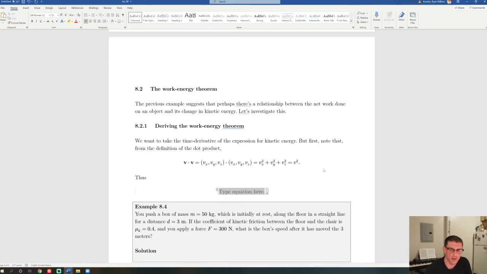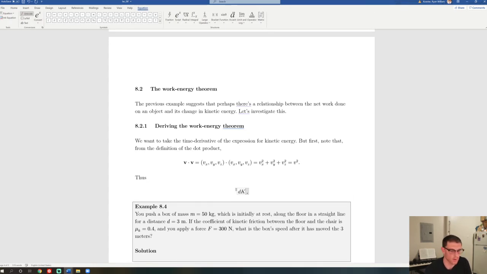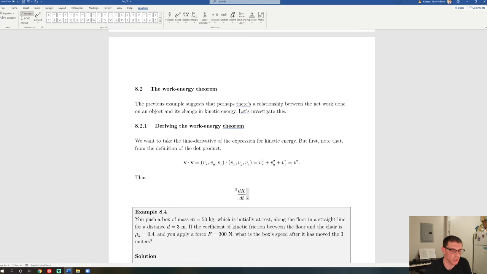So thus, now what we're going to do is take the time derivative of the expression for kinetic energy. Remember that was just 1/2 m v squared, but we have just demonstrated that we could write it like this.